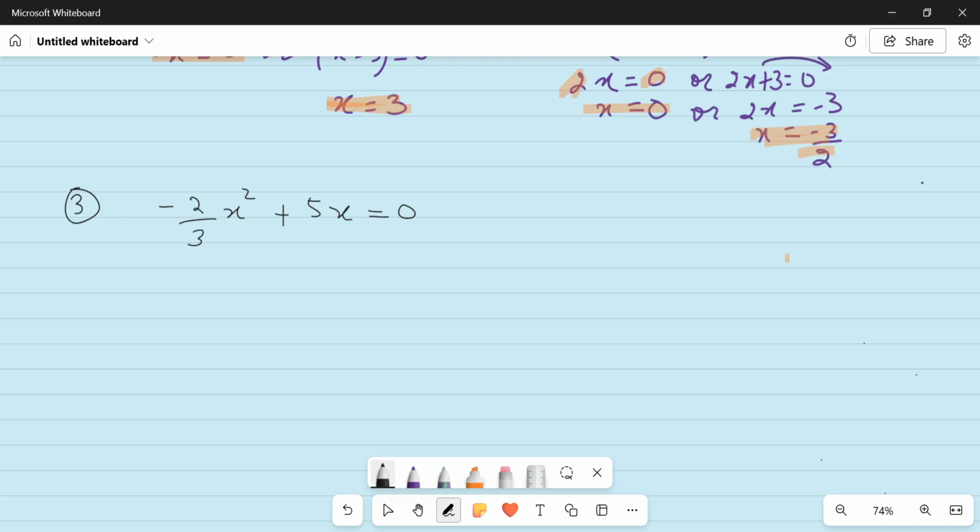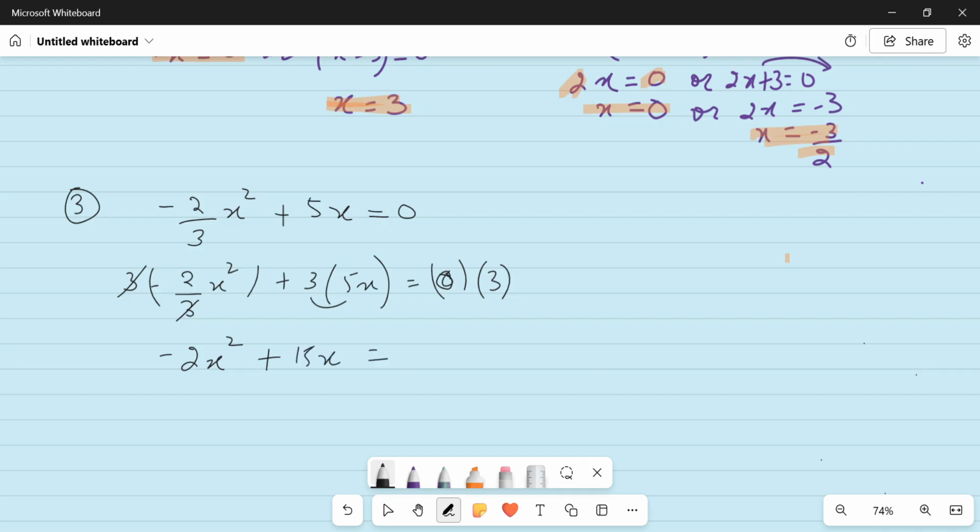So we multiply the whole entire term by 3: negative 2 over 3 x squared multiplied by 3, plus 3 times 5x, and of course 0 times 3. This is 0, okay? So 3 and 3 cancel out. We are left with minus 2x squared plus 3 times 5 gives you 15x equals 0 times 3, which is 0.